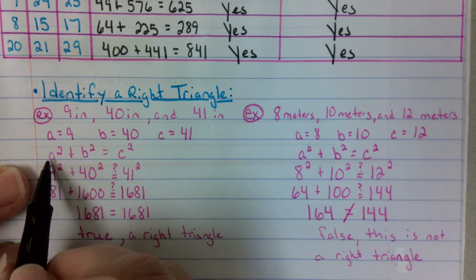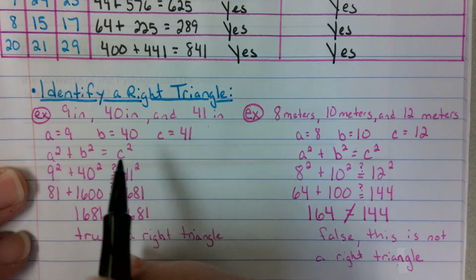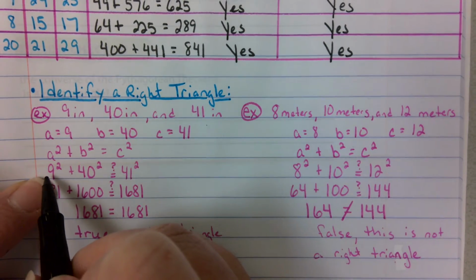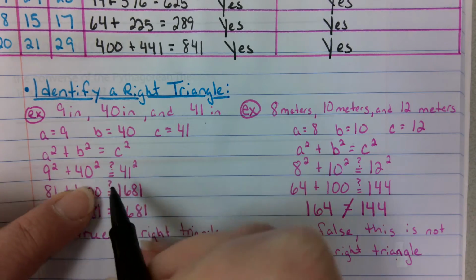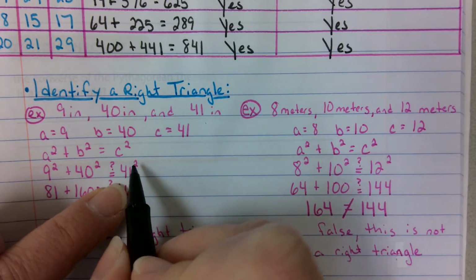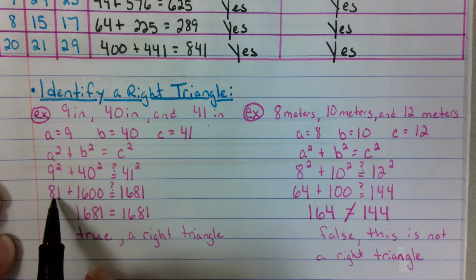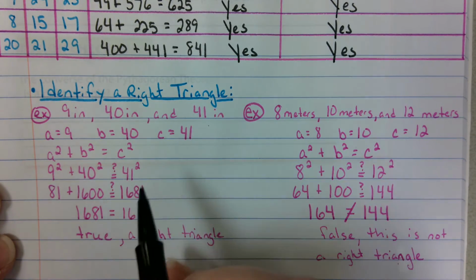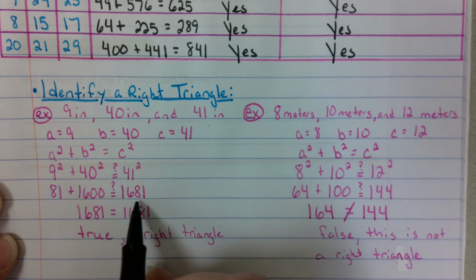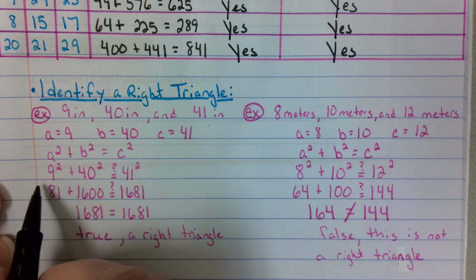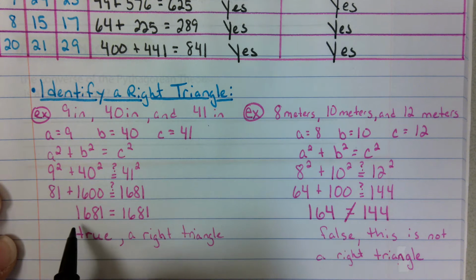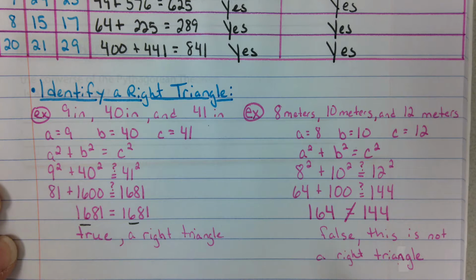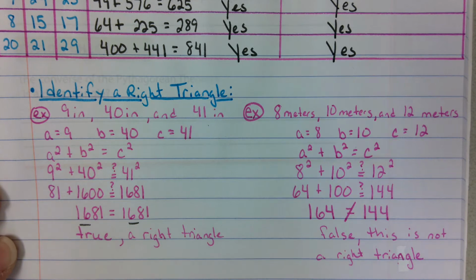So we're going to use our formula, A squared plus B squared equals C squared. Input our 9 squared, 40 squared. Does that equal 41 squared? 9 squared is 81, 40 squared is 1600, and 41 squared is 1681. Add 81 plus 1600, and we get 1681 equals 1681. That is true. We have a right triangle.